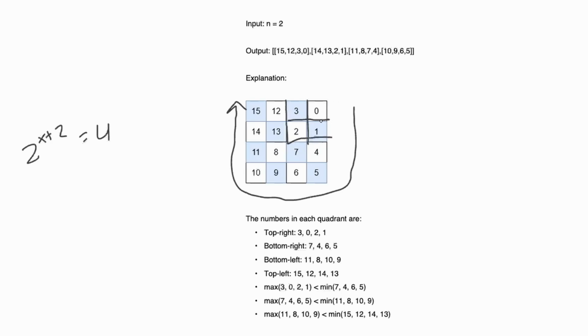So essentially what we need to do is fill out this entire grid in that way. And we can see that this is the formation that does that for us. So we have 0 to 3 in this grid, 4 to 7 in this grid, 8 to 11 in this grid, and 12 to 15 in this grid. And we have to make sure that the maximum here is less than the minimum in the subsequent grid. So a bit confusing, but basically what we need to do is just fill out the grid in this order.